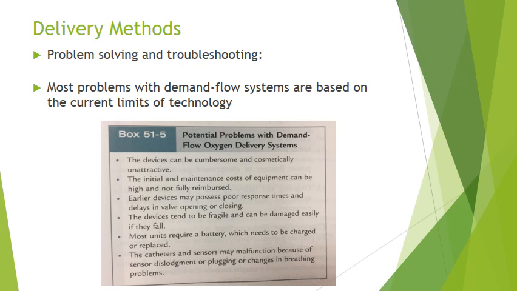Earlier devices may possess poor response times and delays in the valve opening and closing, but hopefully with more recent technology, this has been improved. Devices can tend to be fragile and can damage easily if they are dropped or they fall. Most units require batteries, and it's kind of a problem to have to keep charging and replacing them. And catheters and sensors may malfunction because of sensor dislodgement or plugging, or changes in the patient's breathing.